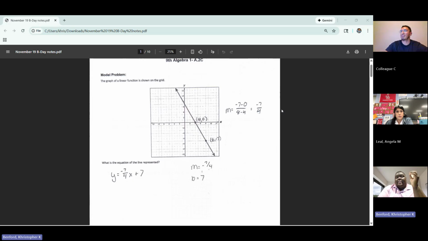The formula states y2 minus y1 over x2 minus x1. A lot of students will end up putting x in the numerator or y in the denominator. Also, they'll put the larger value first, even though the larger value will not always be the first number. So that will be the biggest misconception. Okay, I can see them struggling with that.